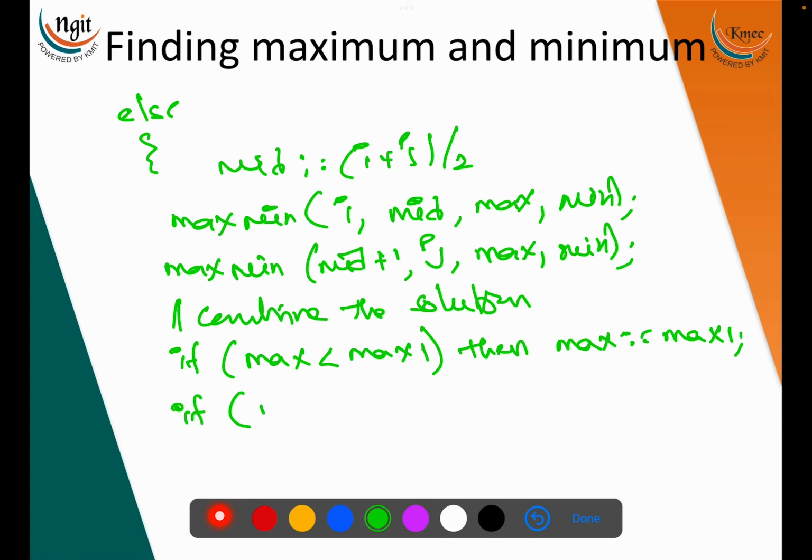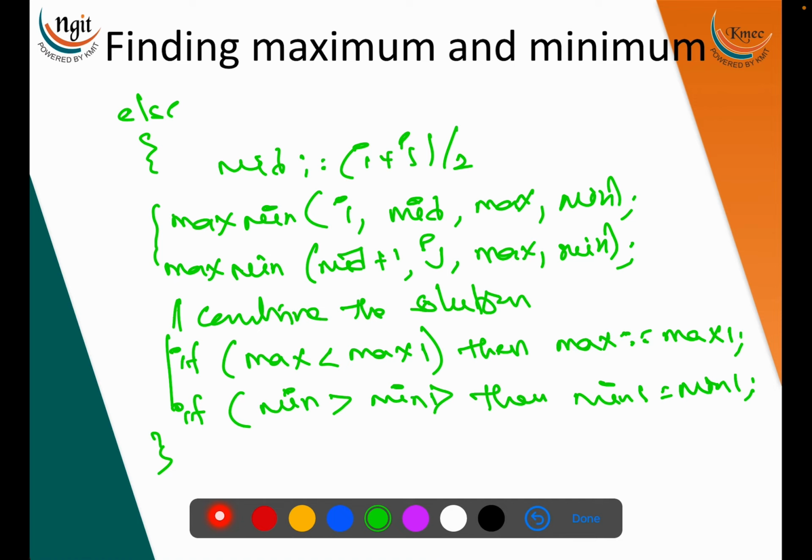And one more if case for minimum: if minimum is greater than minimum 1, then minimum is equal to minimum 1. That's it. So there are three cases we discussed, and these are dividing and this is combining the solution. Right, now we'll see one example of how these things get placed.